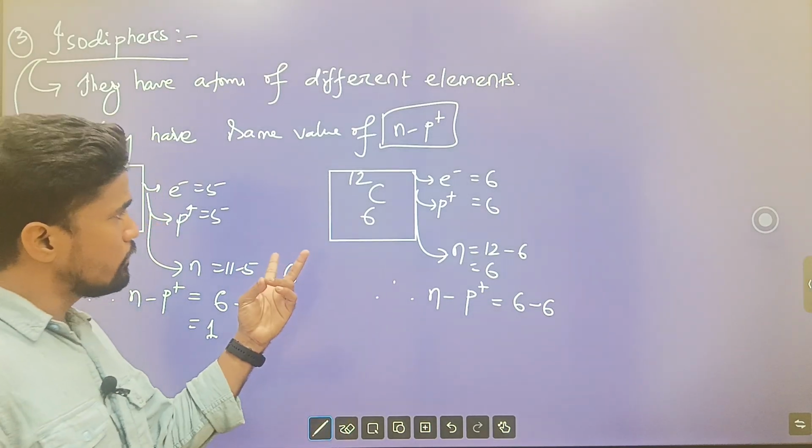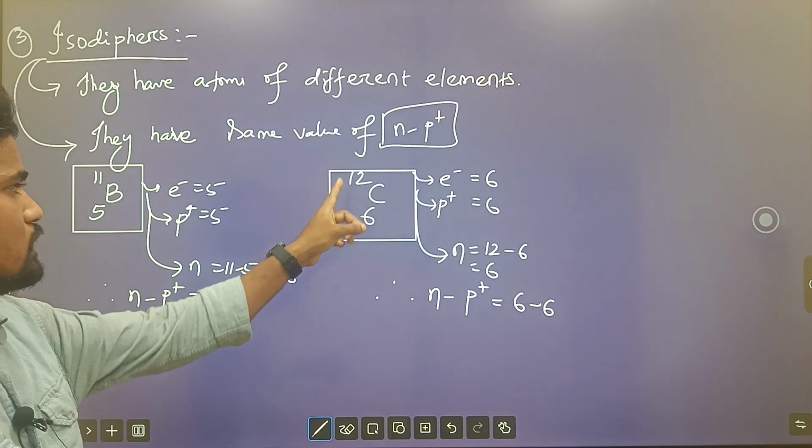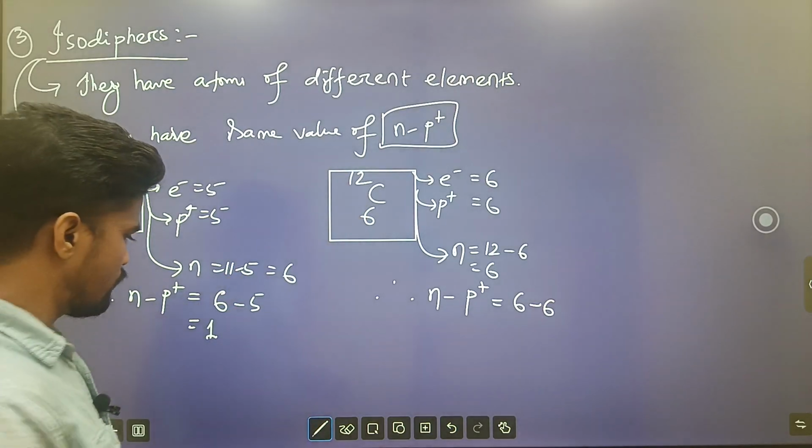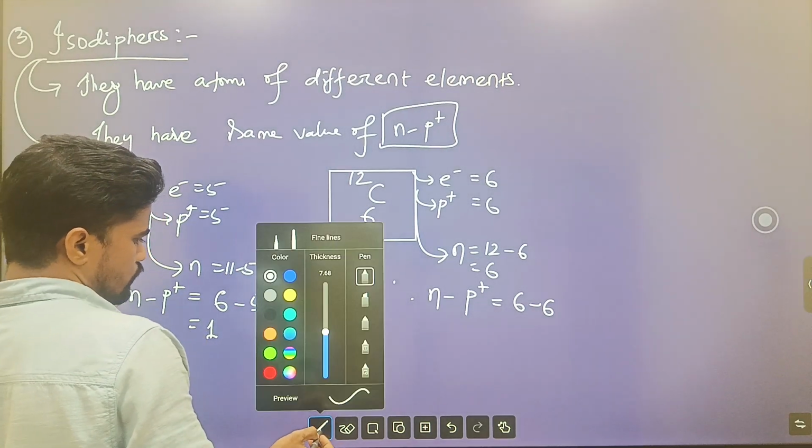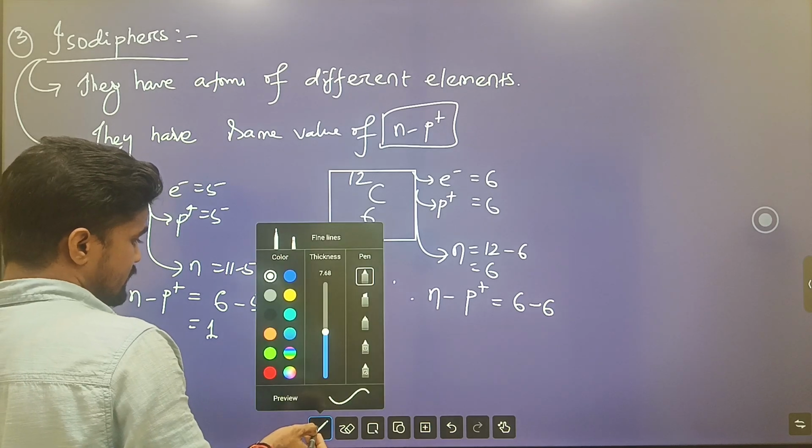Because if we compare between two elements, the n minus p value is not the same. Suppose we take 6, 13.